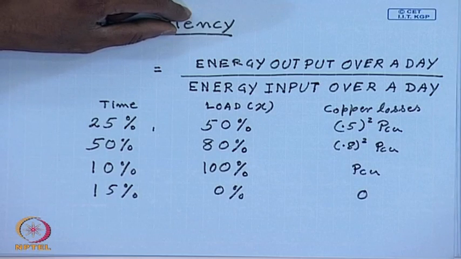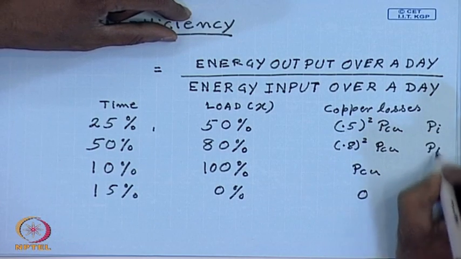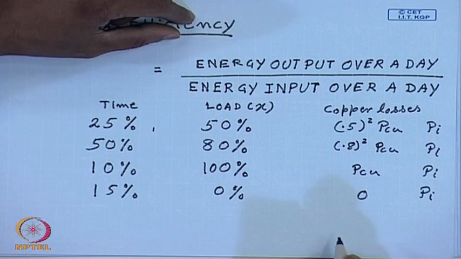The core losses however, will always be Pi, Pi, Pi, here also Pi.